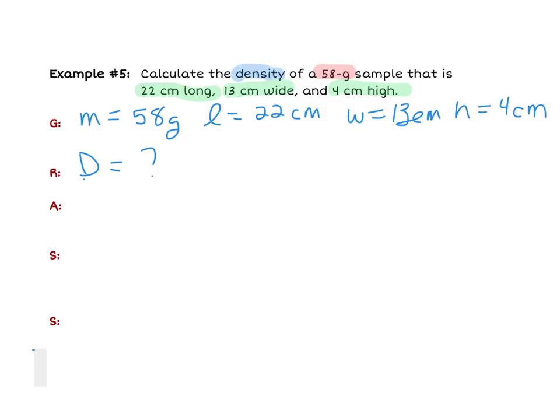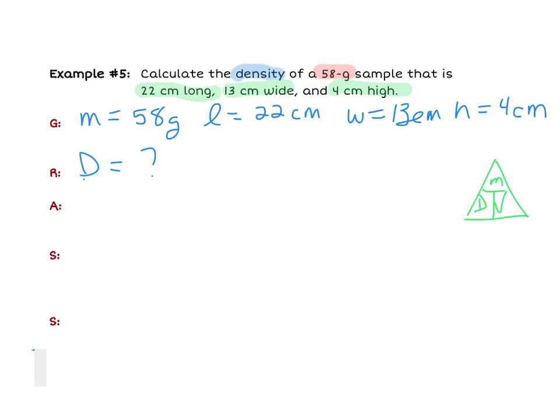So remember that my density triangle, I'm going to do that over here, involves me knowing 2 out of these 3 things: my mass, my density, and my volume. And right now, I have my mass, and I'm looking for my density, but I don't have my volume. So that's a problem.